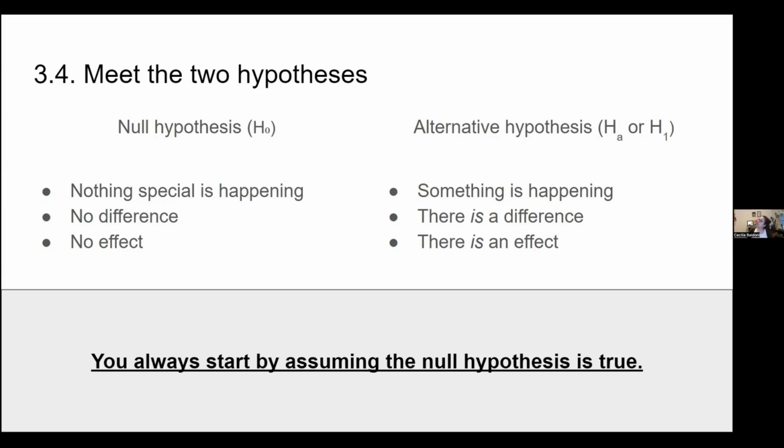I was thinking about how in the past I learned about the null hypothesis, and it's always not what you would expect. I remember one of my teachers once told me it's always the boring one.